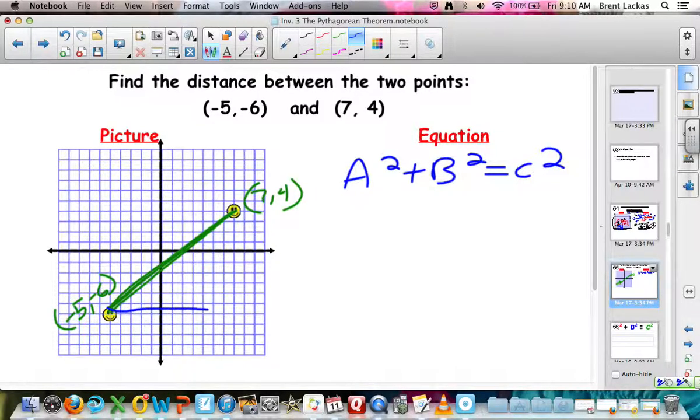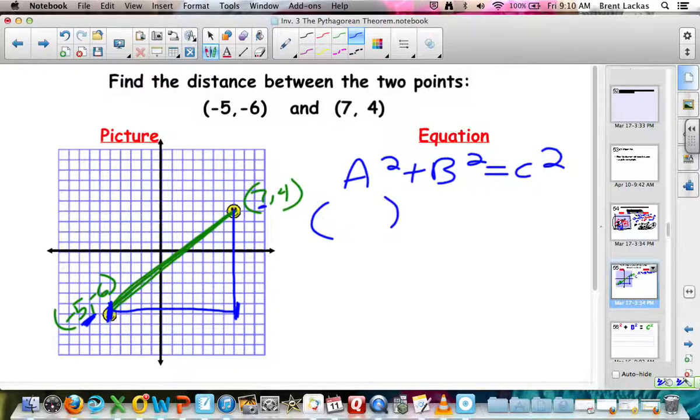If I build my right triangle, this is what it looks like here. I'm starting here at -5, my x-coordinate is -5, and I'm going all the way over to 7, right here. Well, how far did I walk? How many blocks did I walk? From -5 all the way to 7 is 12.